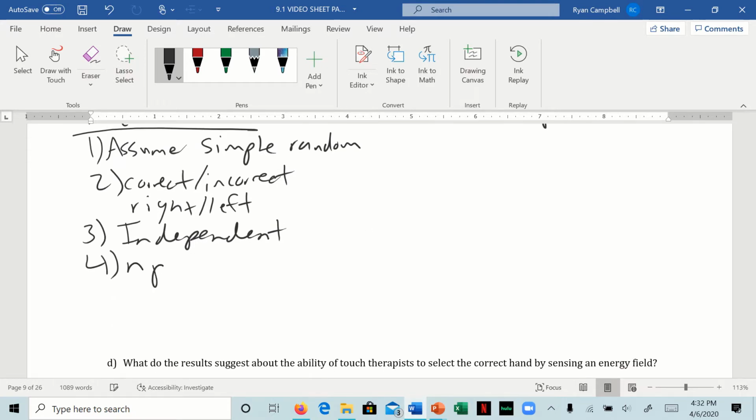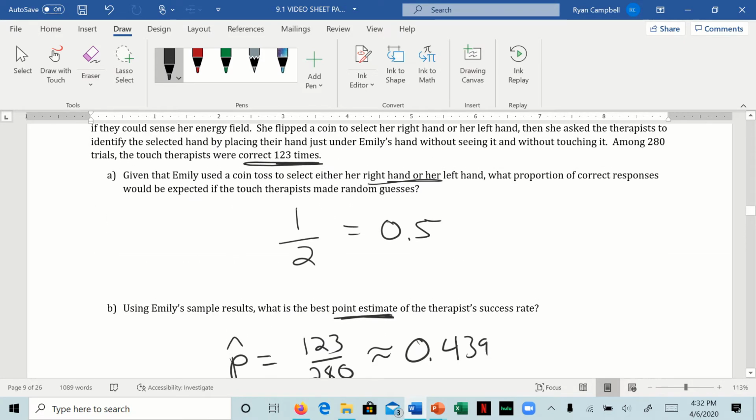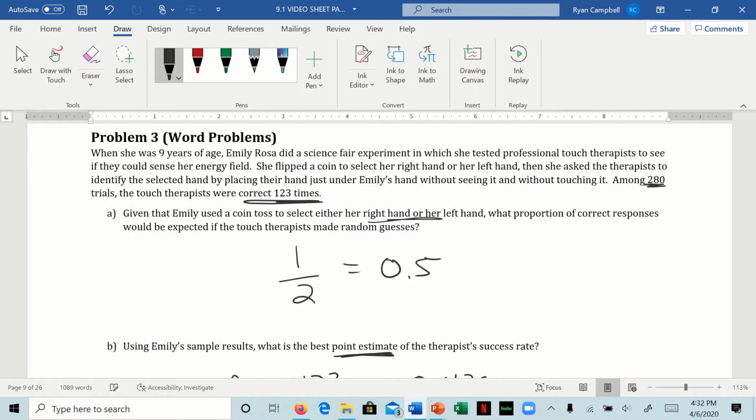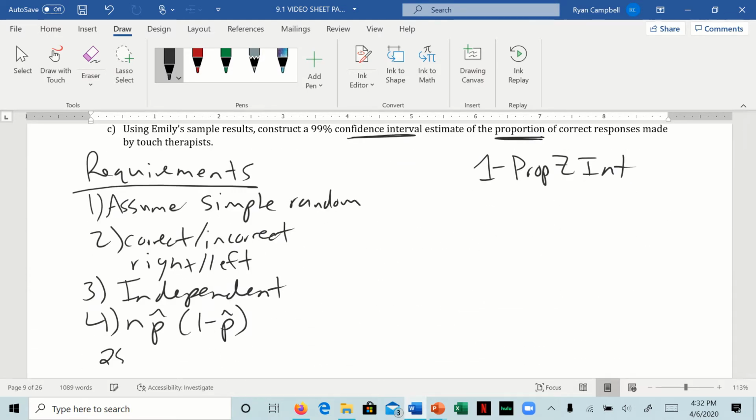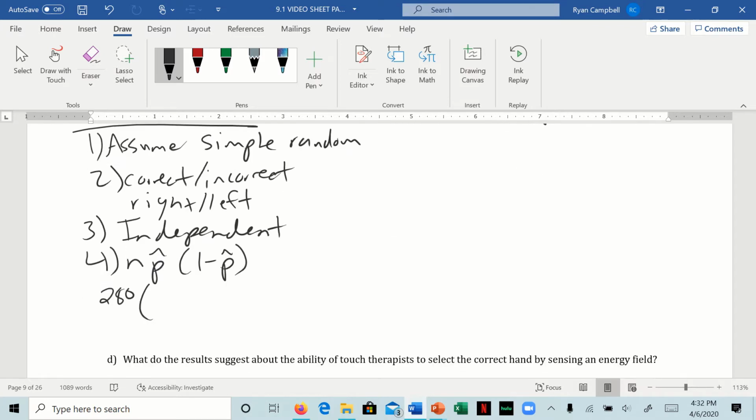So we get n times p hat times 1 minus p hat. So n this time is 280. So we get 280 times p hat, which we said was 123 over 280, times 1 minus 123 over 280.